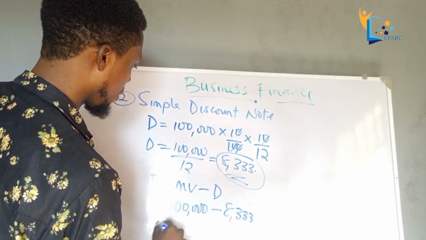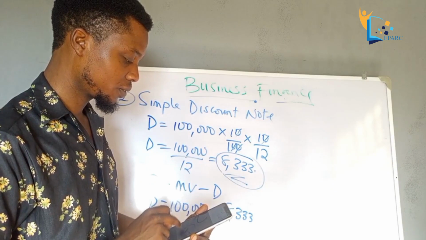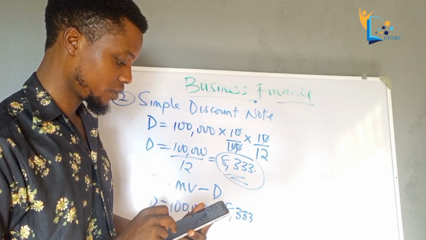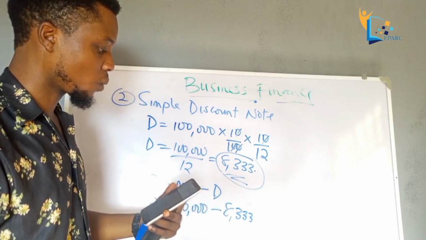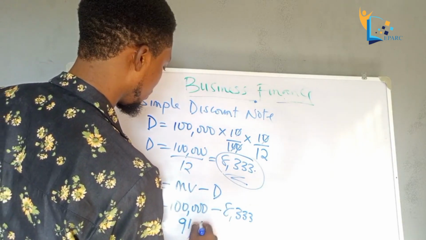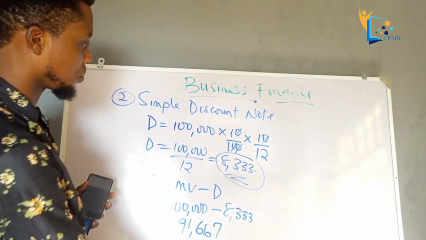So proceed is equal to 100,000 minus 8,333, equal to 91,667. Yeah, so this is the proceed.